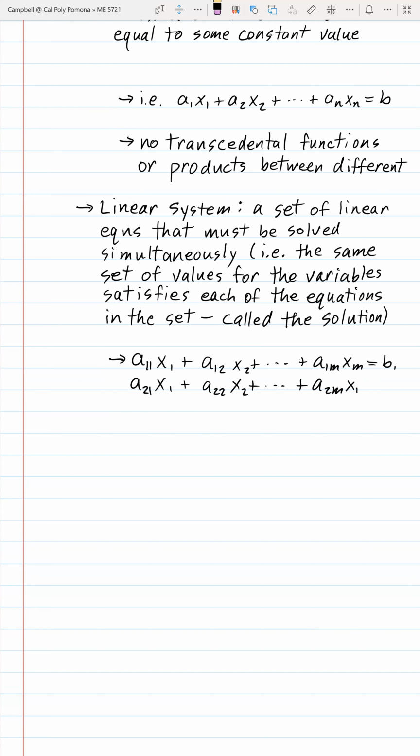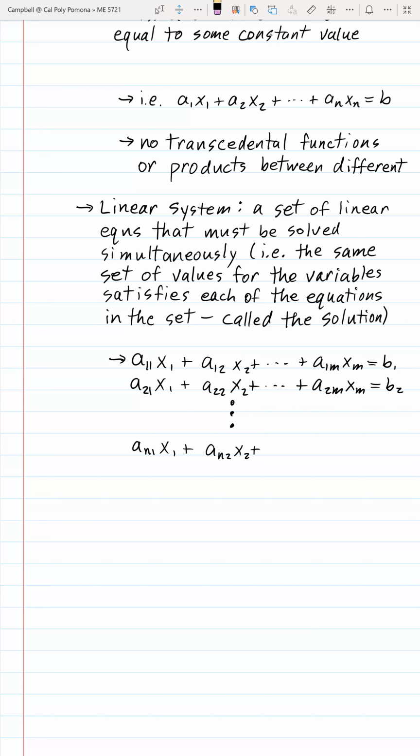2m xm is equal to B2. And then we can continue, of course, everything on down to our nth equation, an1 x1 plus an2 x2.